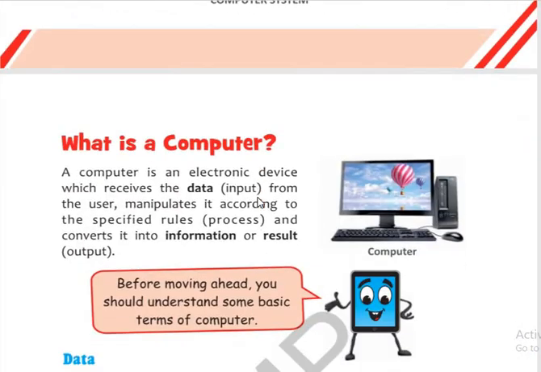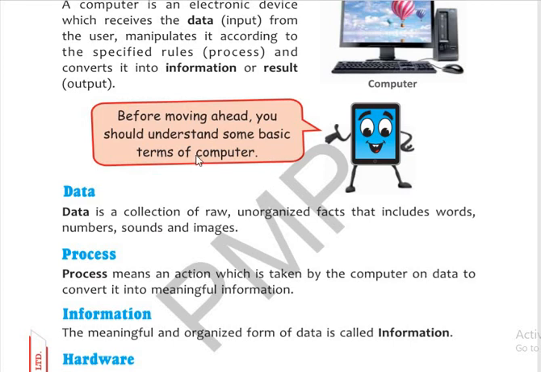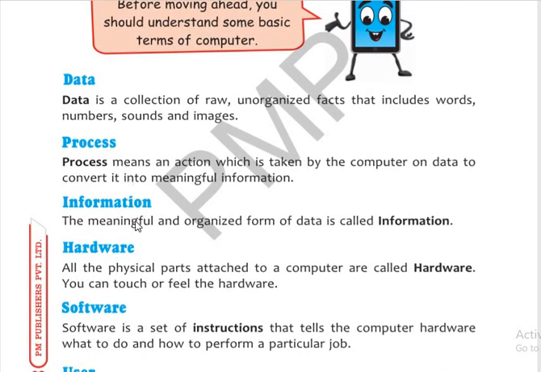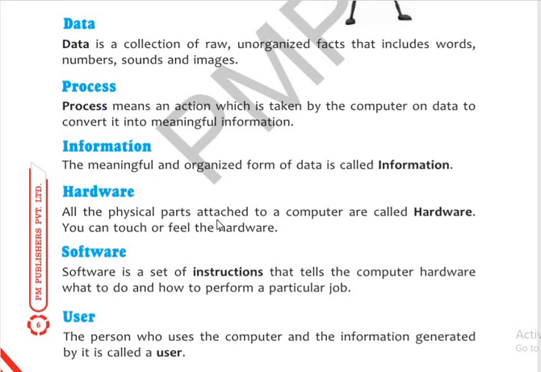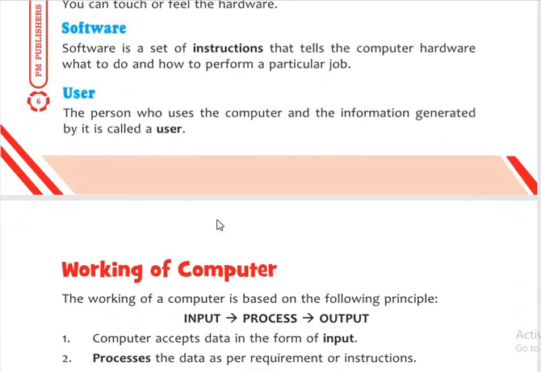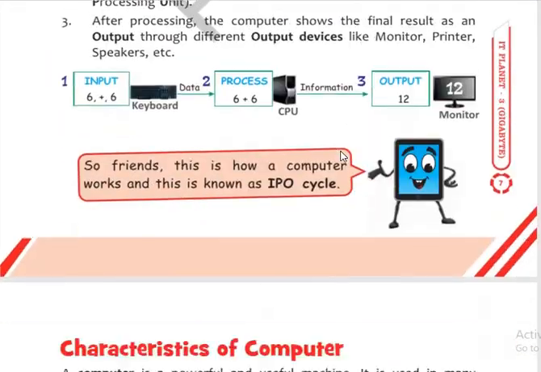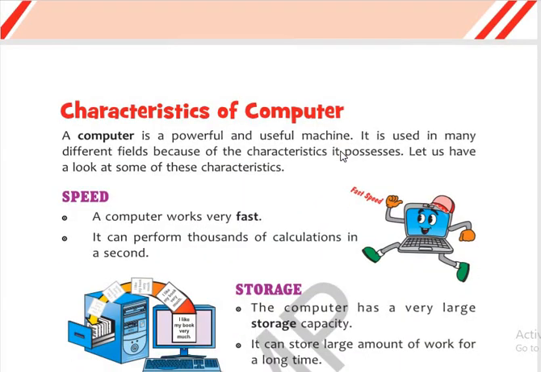Then we saw what a computer is and the basic terms of the computer: data, process, information, hardware, software, user. Then we saw the working of the computer, that is the IPO cycle, input, process and output. And the last was the characteristics of the computer.